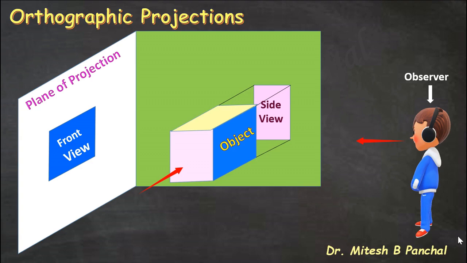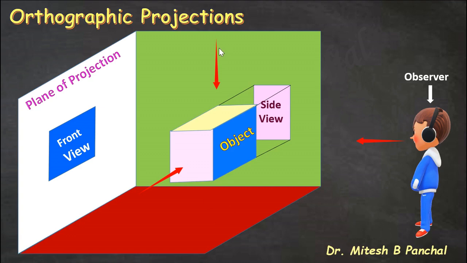In a similar way, when you are viewing the object from the top side, means from this side, you will get the projection of the object on the plane which is perpendicular to the viewing direction, means perpendicular to this direction. So for that, the plane of projection is defined like this.